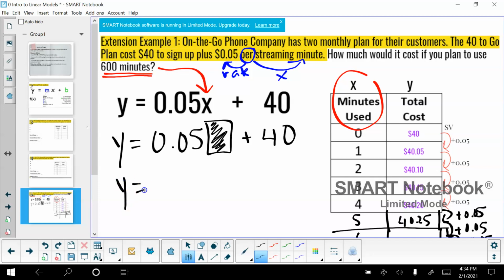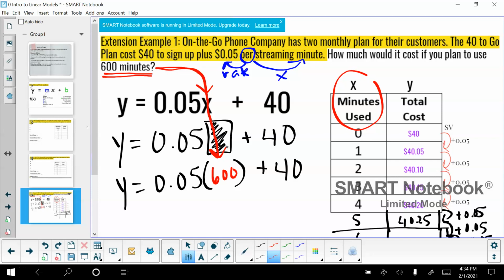Other people will actually write the 600 inside the box. But what I like to do is, instead of the box, I like to create what I call the hole and use parentheses. And inside the parentheses is where I'm actually going to put my number 600. So you've got to think of that 600 as dropping in where the X is, replacing the X value.